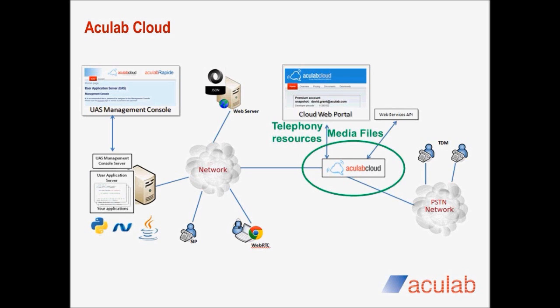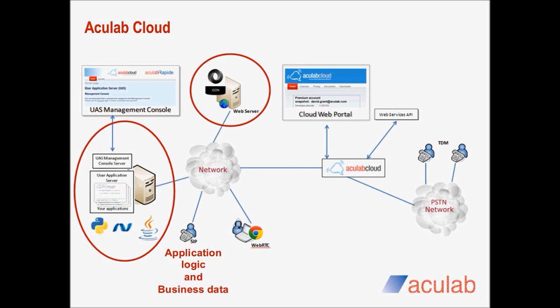Then there's another element to this, and that's where the logic sits. That's where a machine sits running your application, and that too also has a management console where you can manage your services and your applications and so on. This is mainly to illustrate that there is a difference between Aculab Cloud resources and Aculab Cloud application.